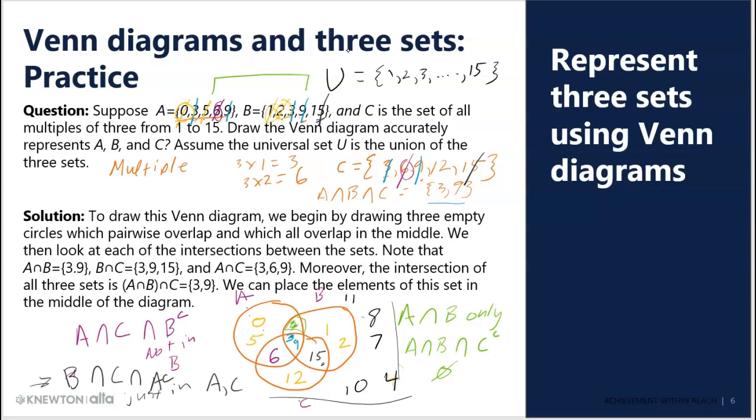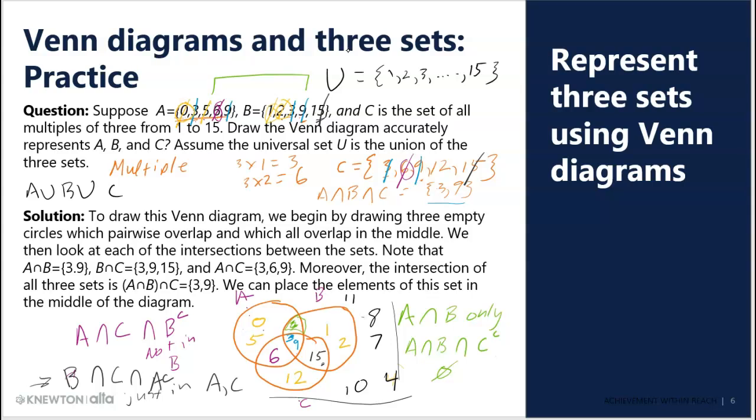If I were told this is the universal set, most of the problems in your book just use the union. They just use A union B union C, which means all the numbers listed here are your universal set. And if that's what it says, then you don't ever have anything on the outside.